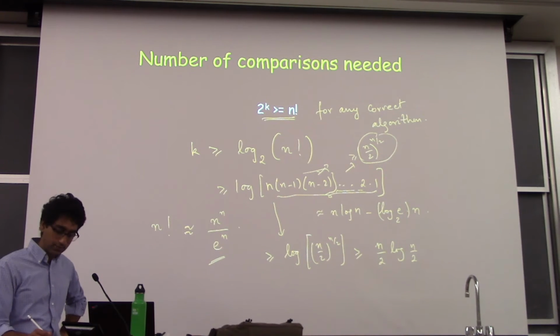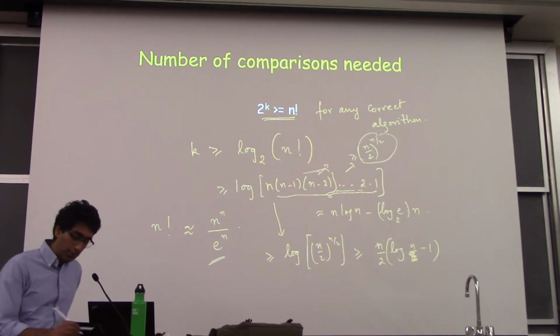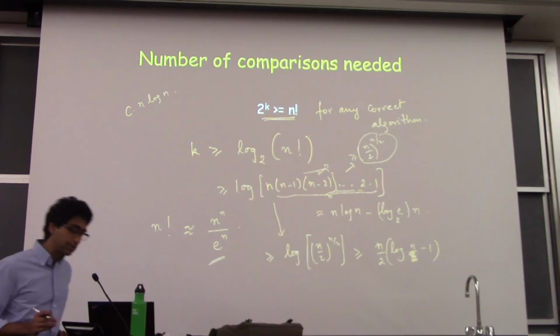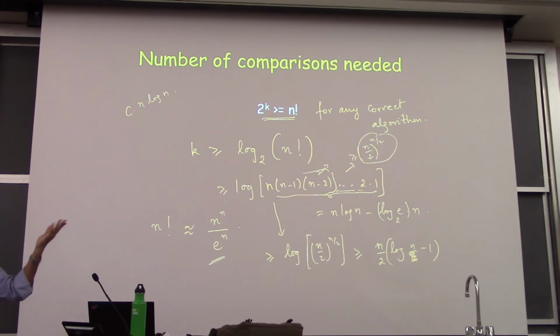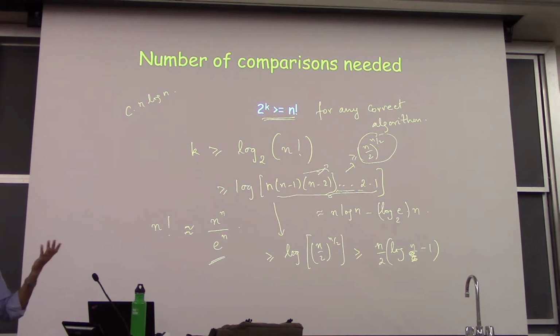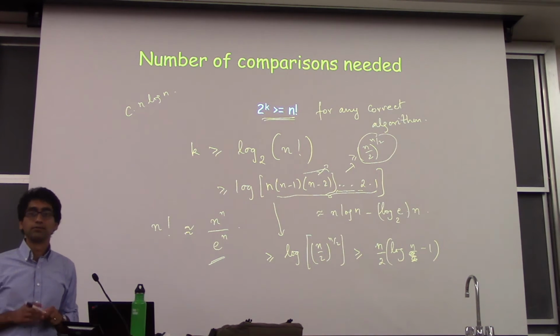So I can write this as this, and this also gives you this bound of some constant times n log n. In this case, the constant is half. So this easy argument gives you n by 2 times log n, and if you do a more careful thing, you get n log n.